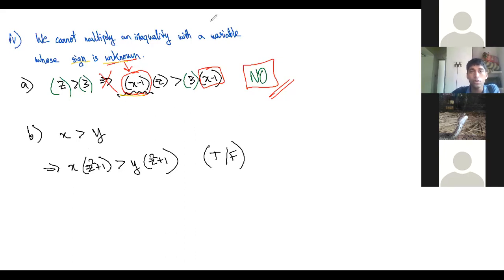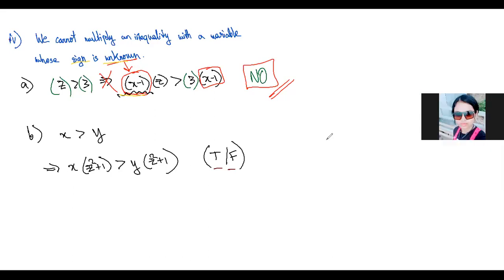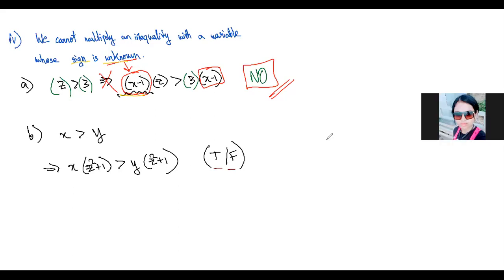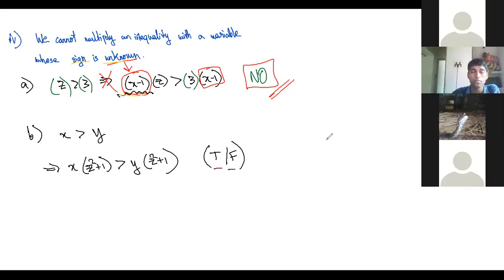So is this statement true or false? Sir, it is true. The value of x can be anything, but z square plus 1 is positive because any negative number's square is always positive.